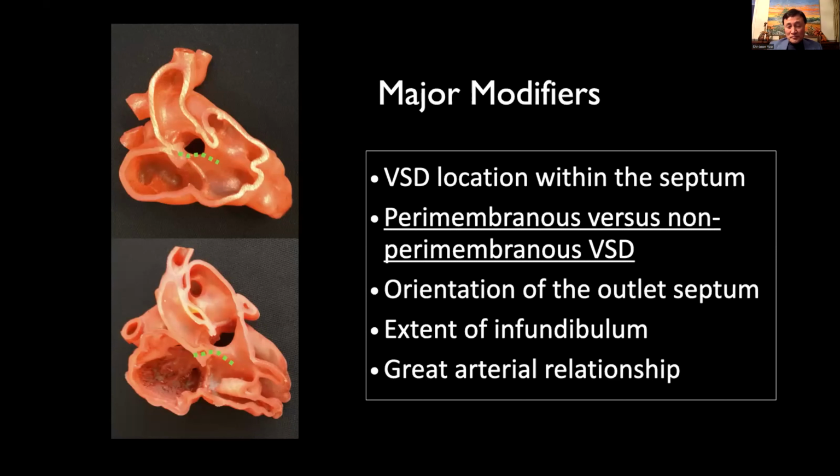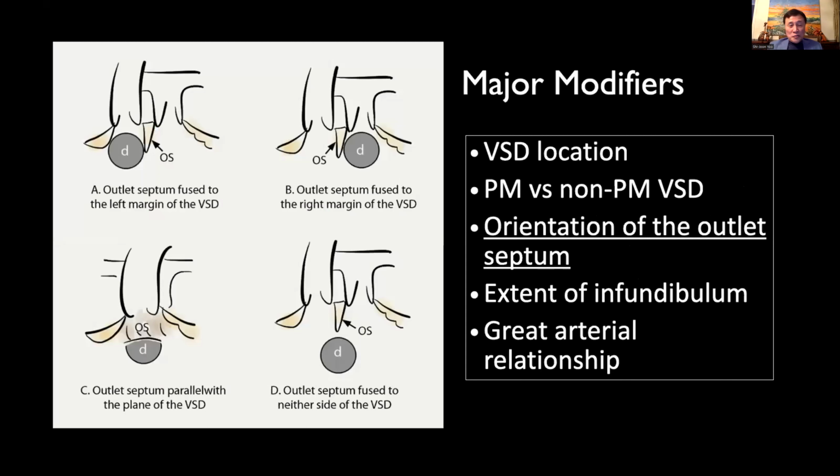Okay. Next is orientation of the outlet septum. This is the cartoon, showing the outflow tract only. So this is the aorta, this is the pulmonary artery, this is the outlet septum. This outlet septum is fused to the left margin of the VSD, making this VSD exclusively below the right-sided semilunar valve, in this drawing the aorta.